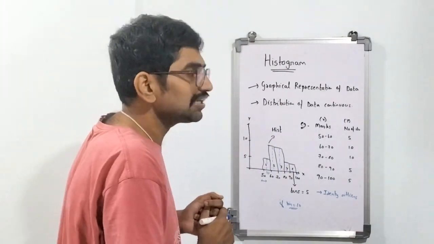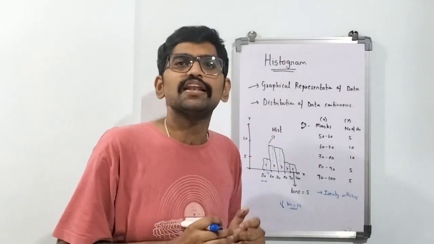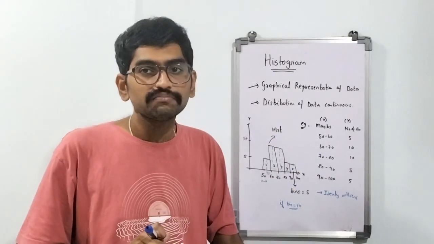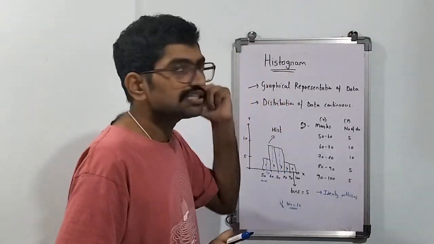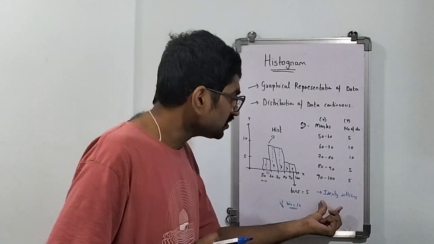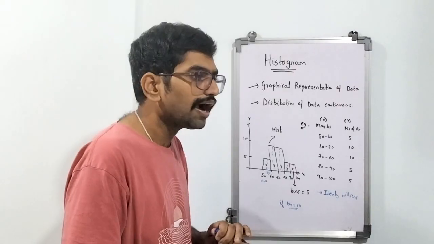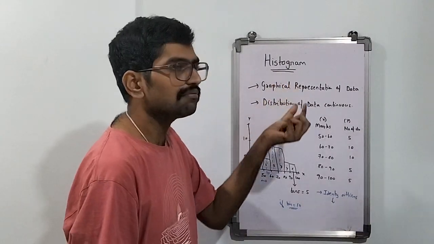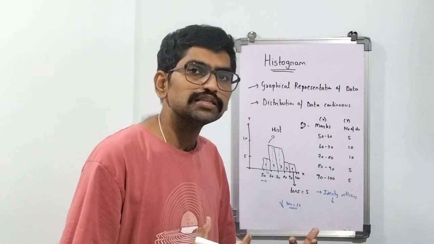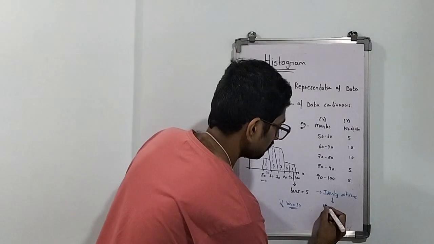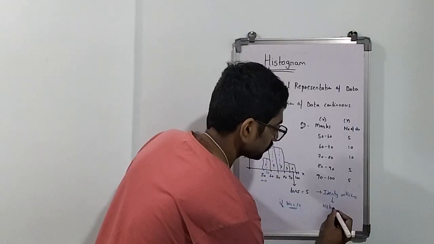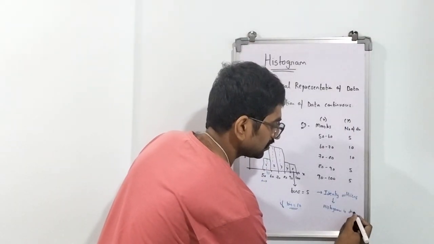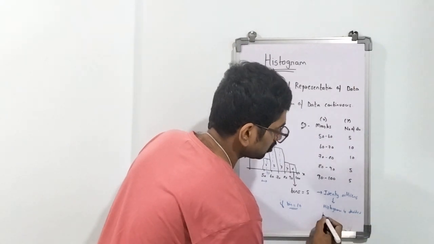So like this, in data also you might have some extreme values. To deal with those extreme values, to identify them from the data itself, we will be using this histogram. So it helps in identifying the outliers. To identify the outliers, your histogram is divided based on skewness.